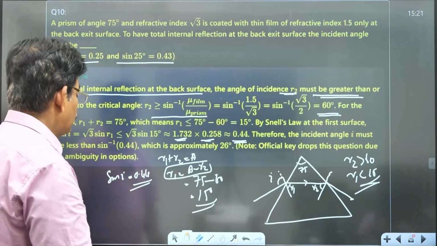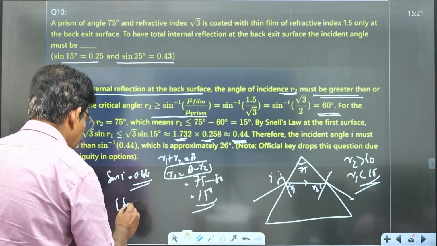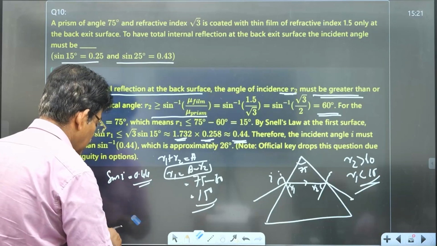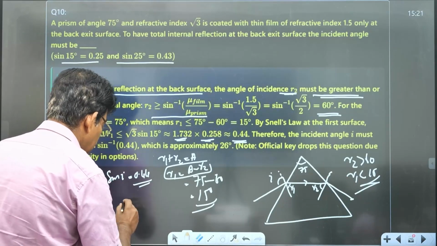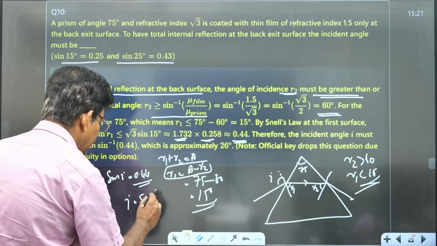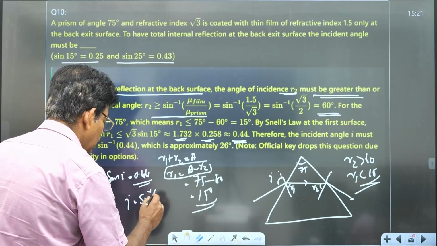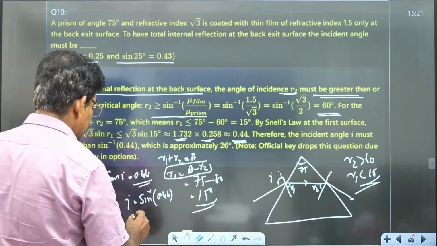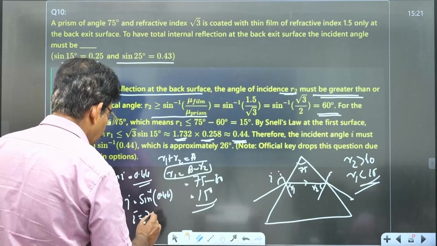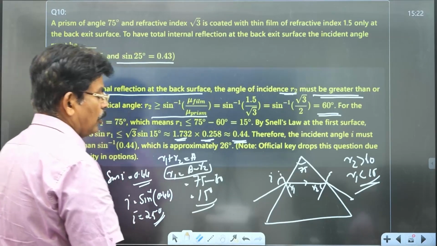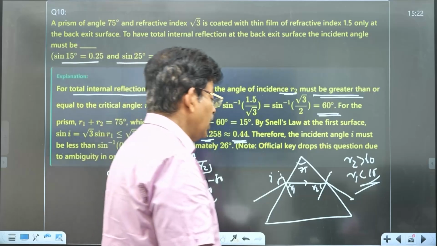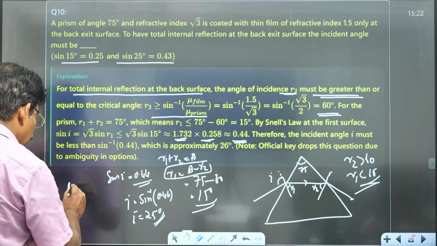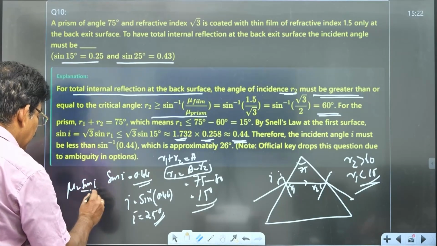And sine I is 0.44, so I will be given to be sine inverse 0.44. That value is also given here, 0.43 or 0.44. Nearly this is coming to be 25 degree or 26 degree. Okay, so now look here, mu is sin I by sin R. In the first surface, mu is sin I by sin R1.